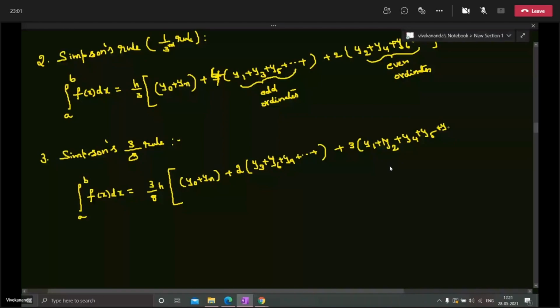So these are the three formulas for finding numerical integration using the data.